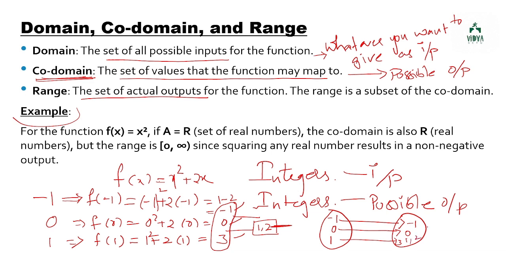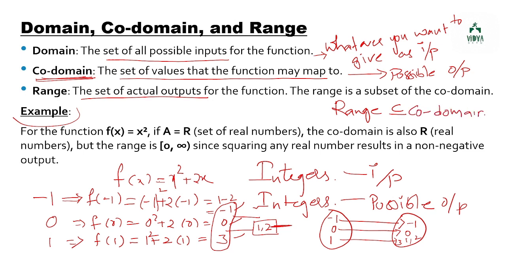That is the difference. You understood what is the difference between domain, codomain, range? And always range will be a subset of codomain. Okay, it may be equal also. So range will always be a subset of or equal to codomain.